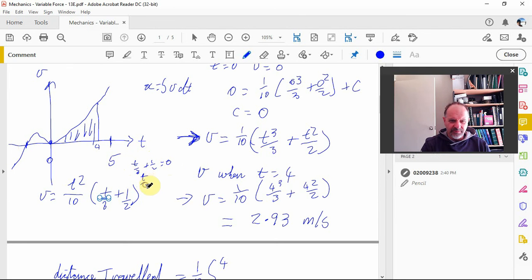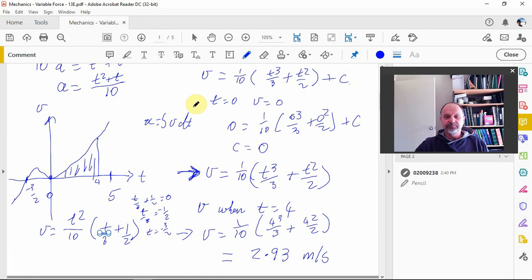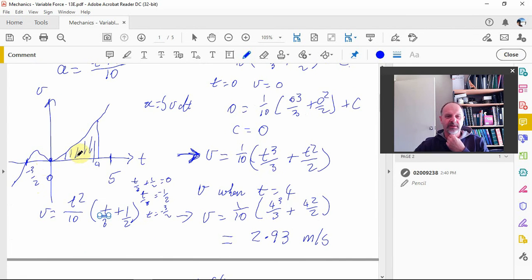So t on 3 is negative a half, so t is negative 3 over 2. But regardless of me making that error by not transcribing correctly, it's still in the negative and we don't need to worry about it, so we're still just looking at that integral.